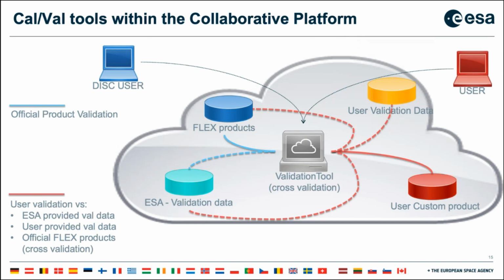One of the main tools that, of course, we want to implement on the collaborative platform is a Calval tool that would be an open source tool that will allow, on one hand, the disk users to use the ESA validation data and the Flex products to validate the products.